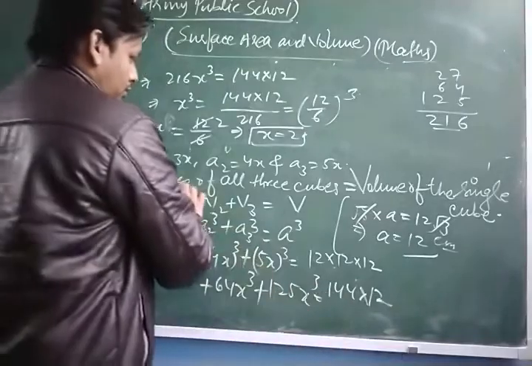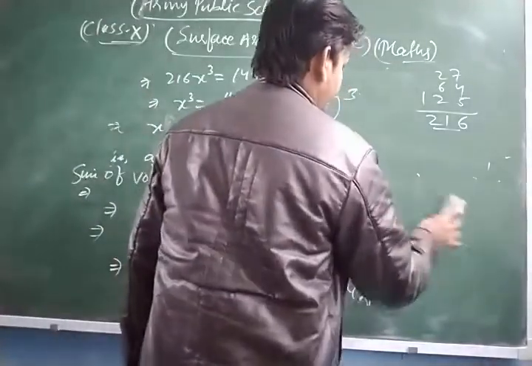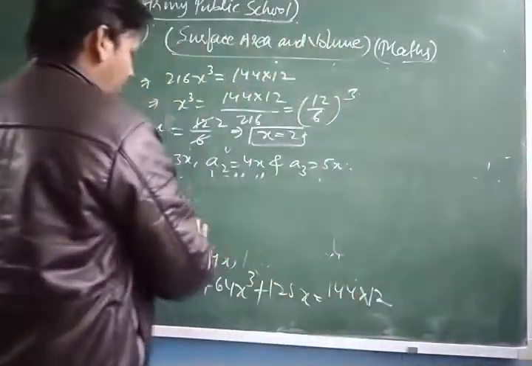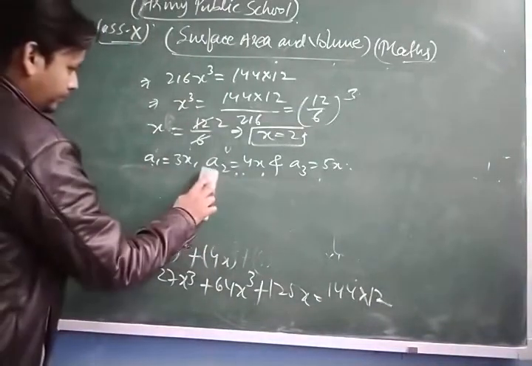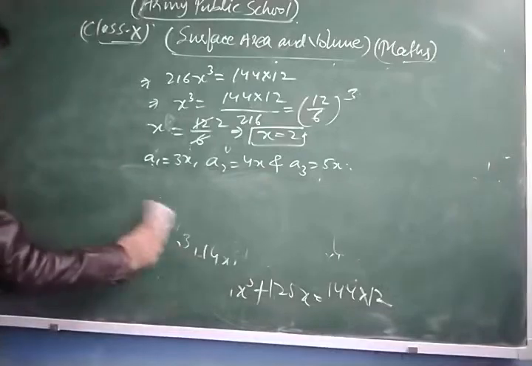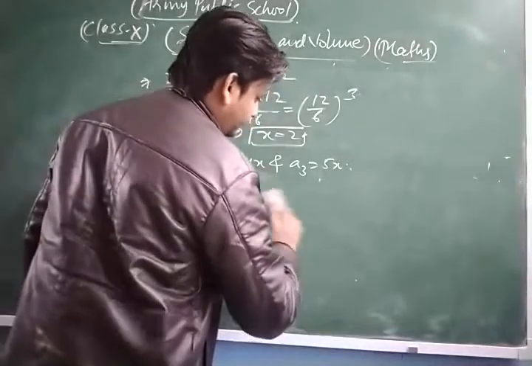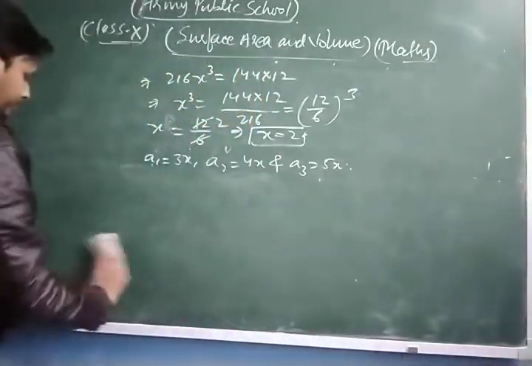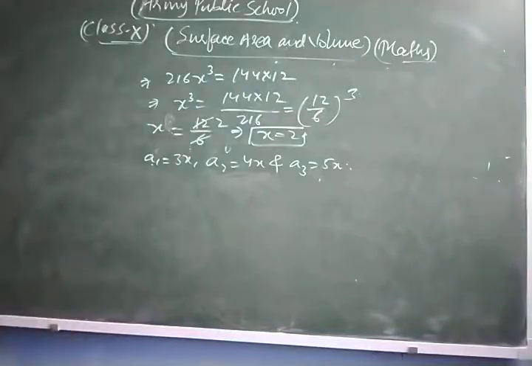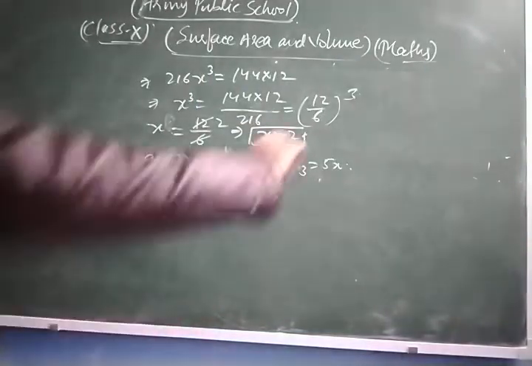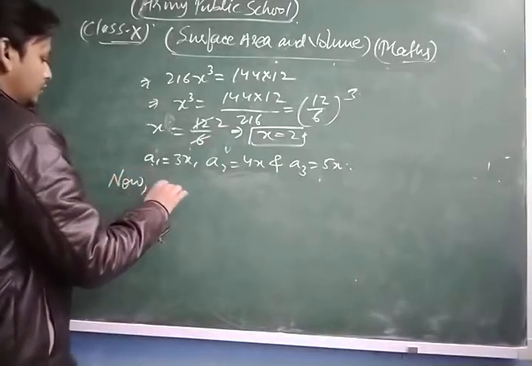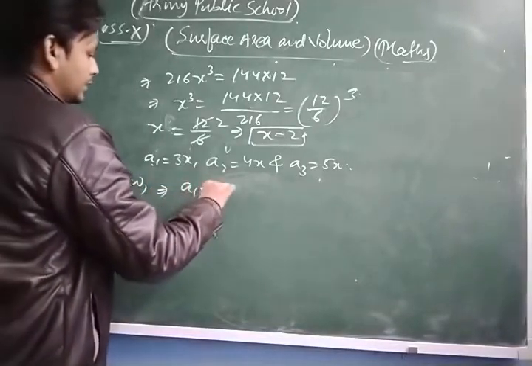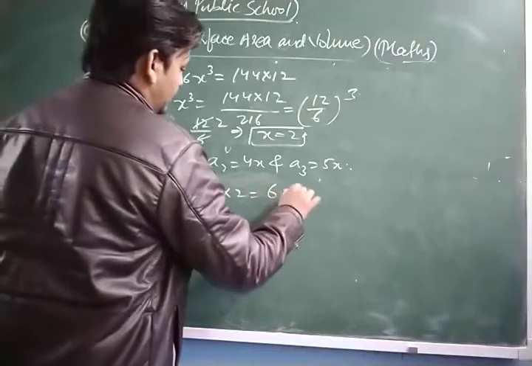Now look. Now the edges of all three cubes: a1 is 3 into 2, that is 6 centimeter.